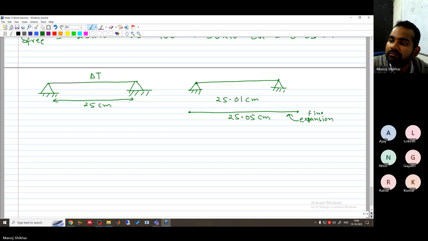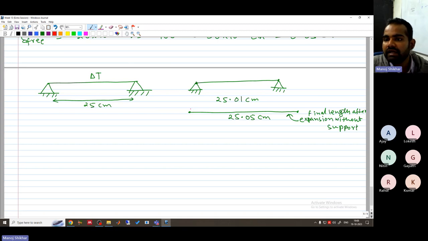Final length after expansion without support. So essentially we can look at it like this, that we have contracted the final rod to fit here.